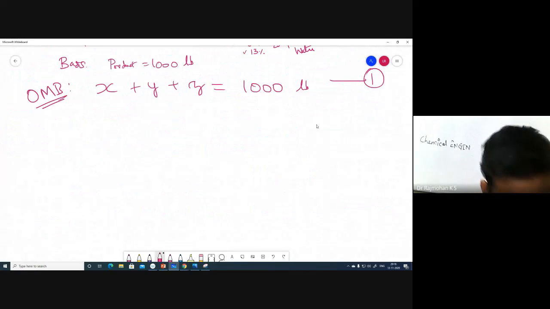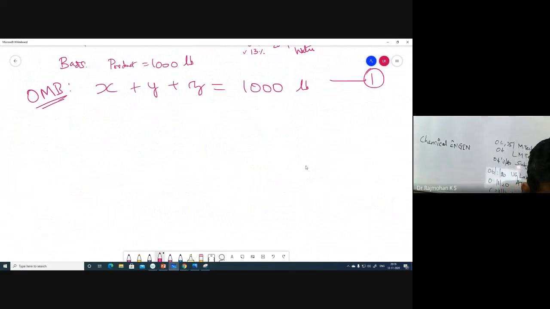Now, what is the material balance for sulfuric acid?